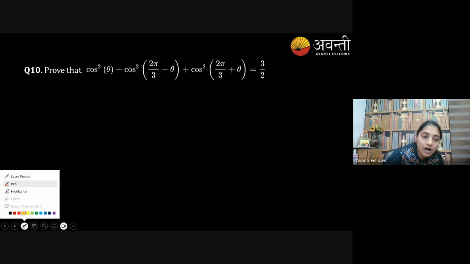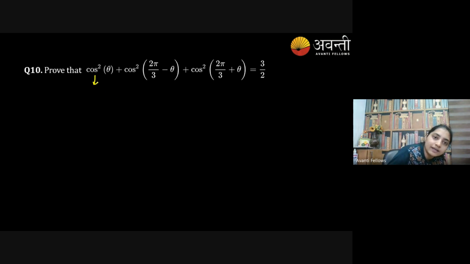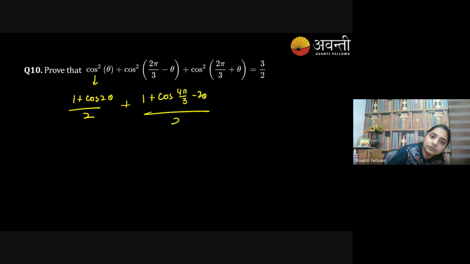So how many of you agree with me that I can rewrite it as 1 plus cos 2 theta divided by 2? I can rewrite it as 1 plus cos of 4 pi by 3 minus 2 theta, by 2. I can rewrite it as 1 plus cos of 4 pi by 3 plus 2 theta, by 2. What do you say?